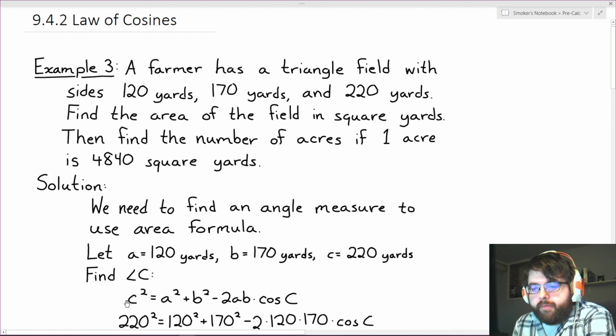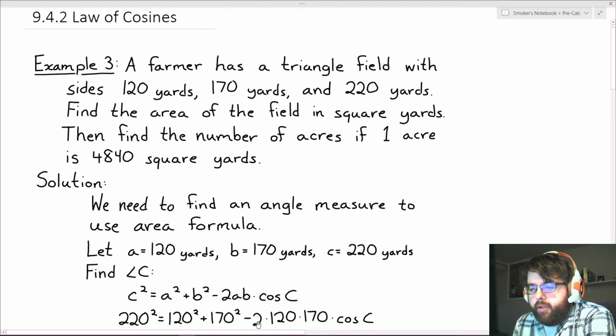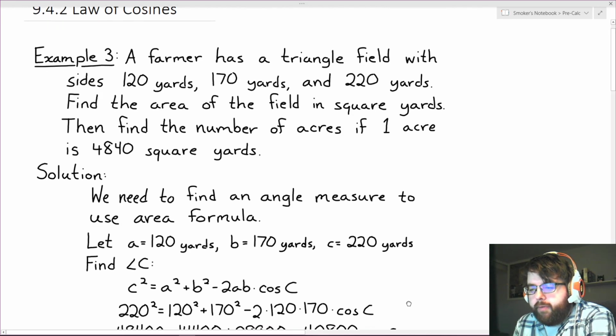So I'm plugging in 220. I'm plugging in 120 for A, 170 for B. I just chose these letters, by the way, A, B, and C. So if you were doing this problem, you could have made B 120, 220, or whatever, but it doesn't matter. In the end, you should get the same answer. Then there's 2 times A, B, and angle C is what I'm looking for.